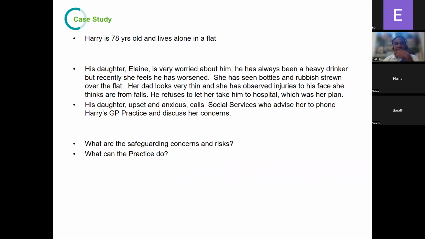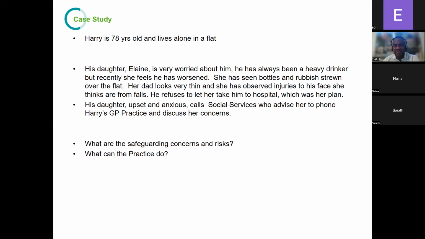Her dad looks very thin, and she has observed injuries to his face, which she thinks are from falls. He refuses to let her take him to the hospital, which was her plan. His daughter, upset and anxious, calls social services, who advise her to phone Harry's GP practice and discuss her concern.